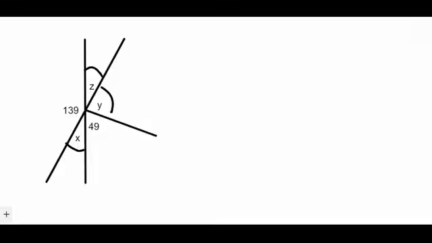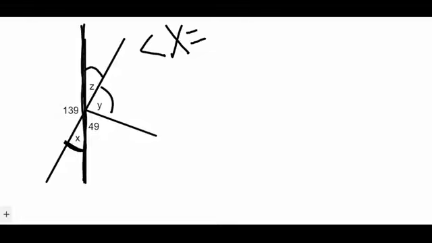So I'm going to go ahead and start with finding angle X. My thinking process is that when I look close to angle X here, I see that angle X is up against this straight line. It goes straight up and down here.